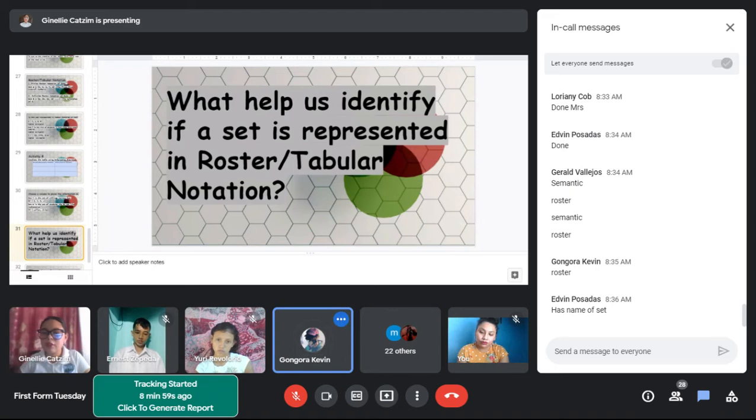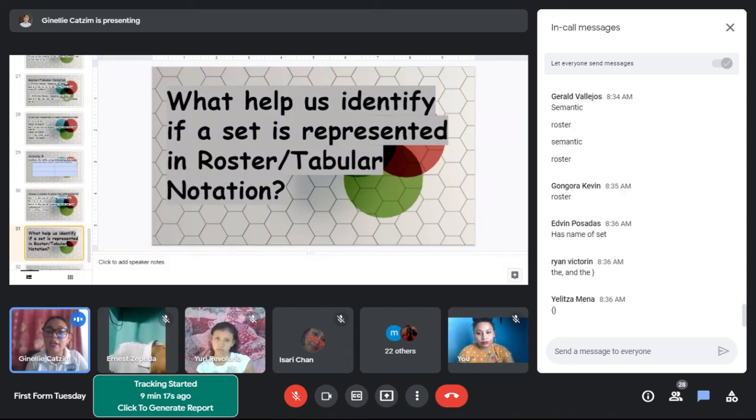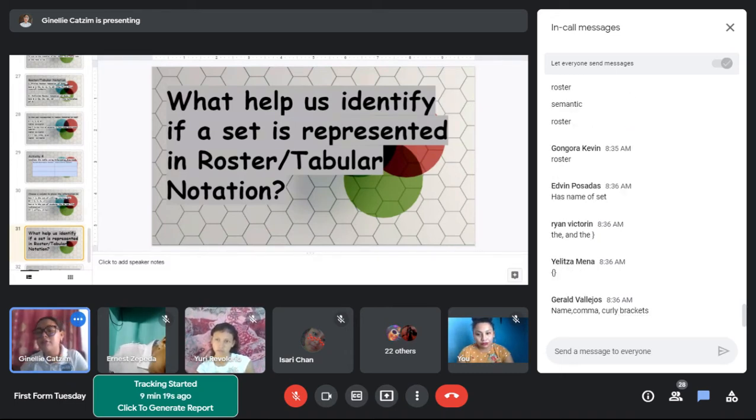What, Miss? Which kind of brackets should it have? Curly brackets. Very good, right? Since it has the comma and the curly brackets, it should have the curly brackets, the name, the comma.